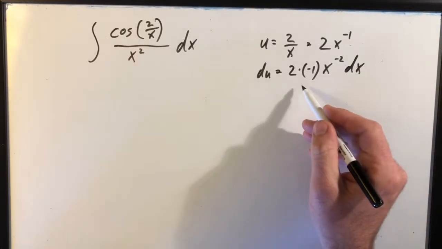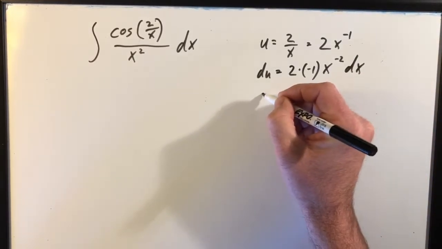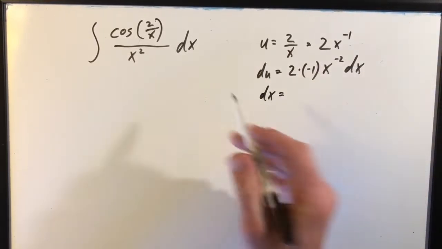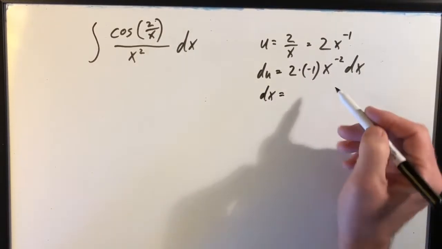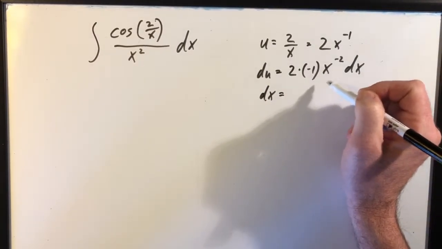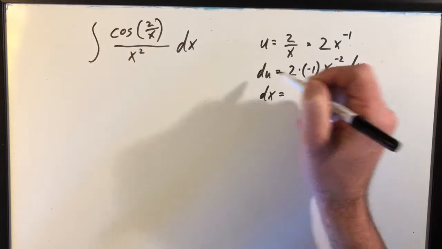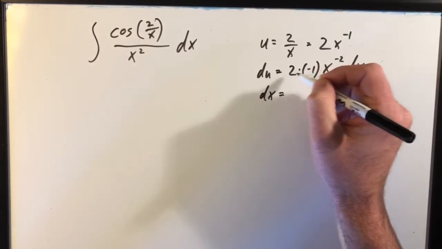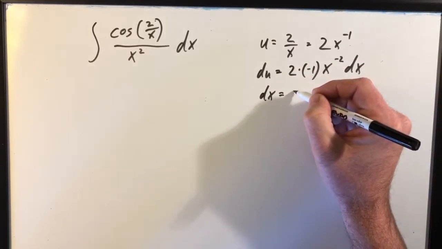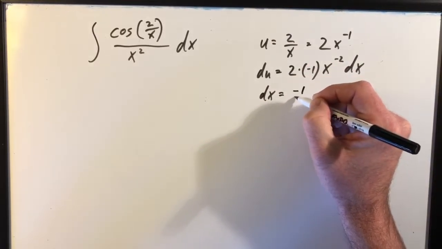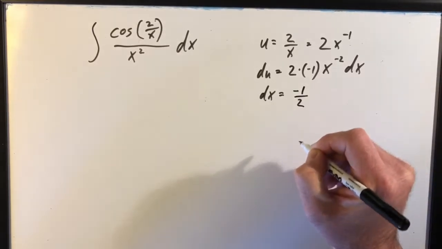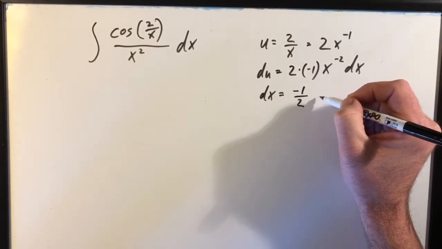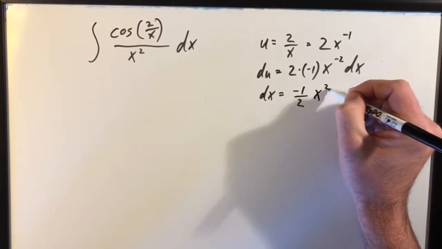Let's solve for dx to do a straight substitution for that value, and we hope for the best that that cancels, and it looks like it's going to. We can move this to the other side, and instead of being a negative 2, it's a positive 2. Then this guy goes to the other side, so we have a negative 1/2 x squared du.